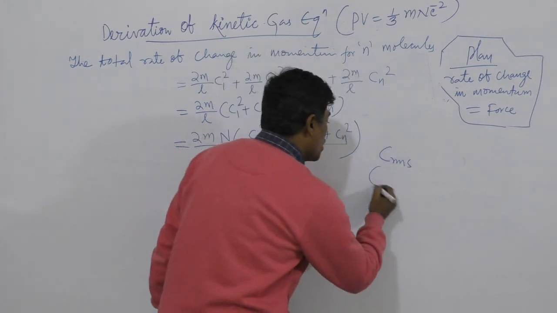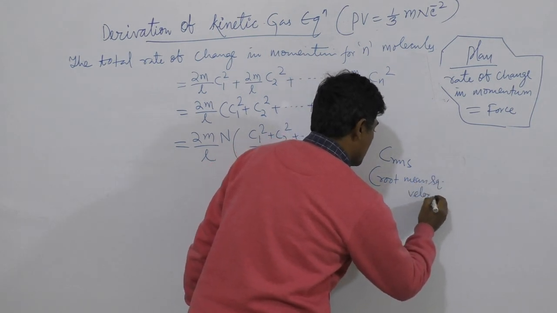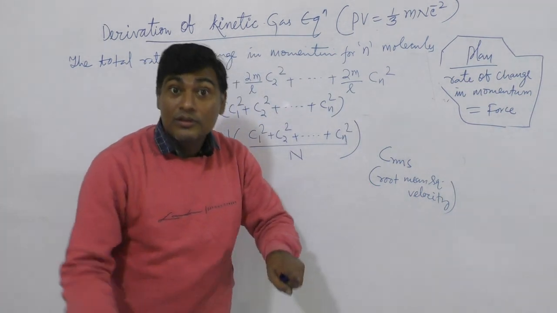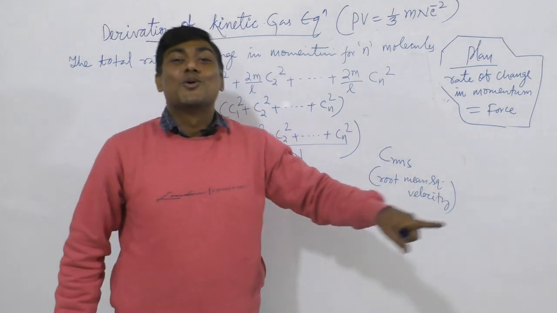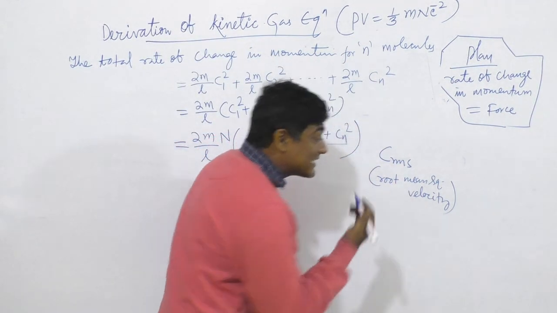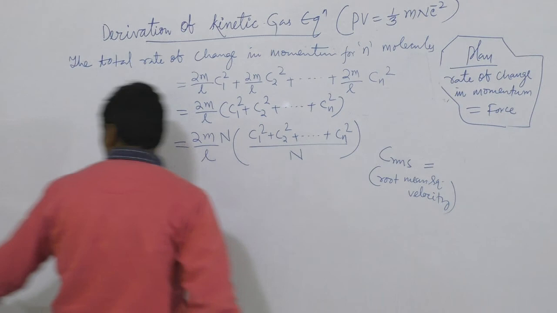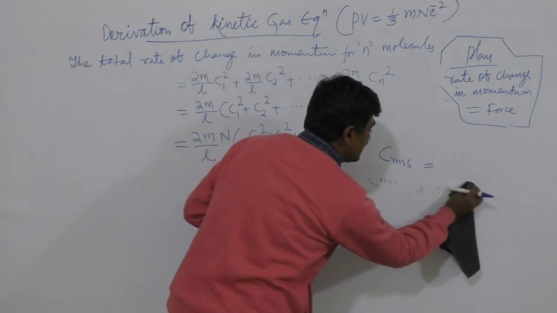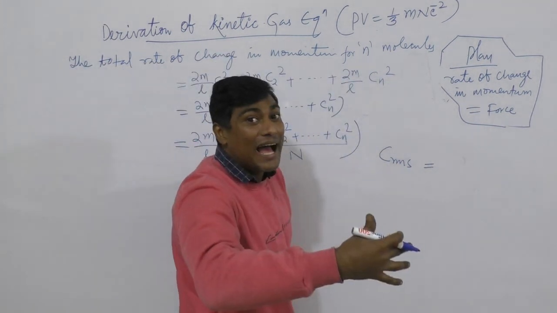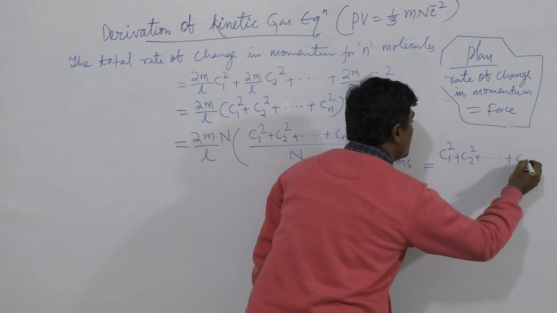Now instead of this, what can we write? We have C RMS, the root mean square velocity. Root mean square velocity means the root of the mean of the square of the velocities. So let us start with the total of the square of the velocities. C RMS is equal to the root of c1 square plus c2 square plus dot dot dot plus cn square.